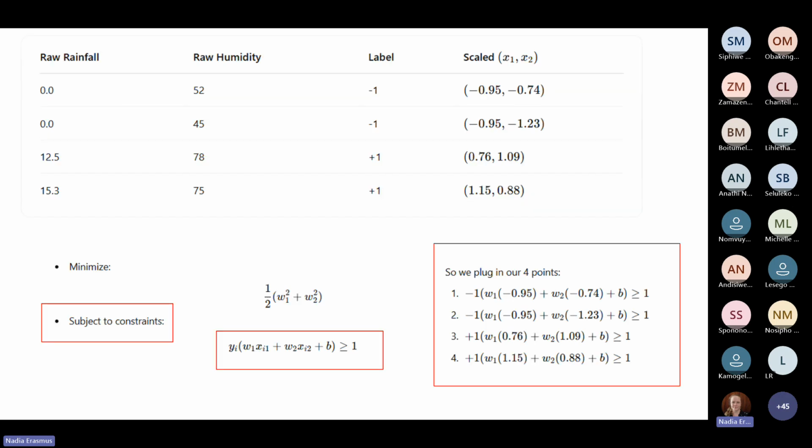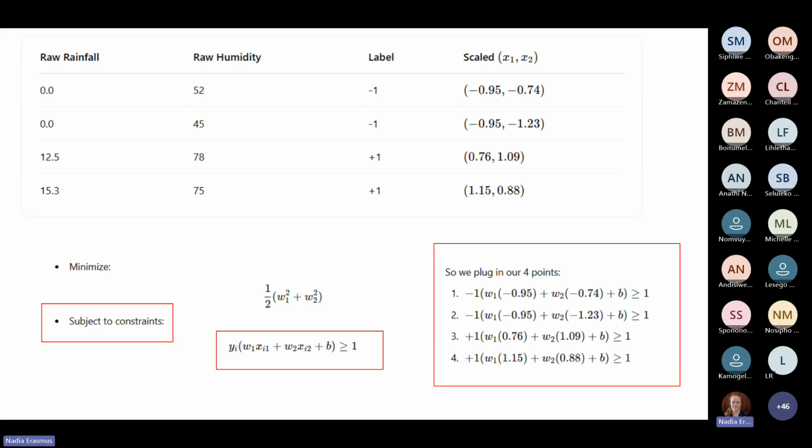So let's carry on and we're going to look at the rainfall, humidity, label. We have scaled the data, so we're going to plug it into our 4 points, and we have our calculation. So we have half of the weight 1 squared plus weight 2 squared.